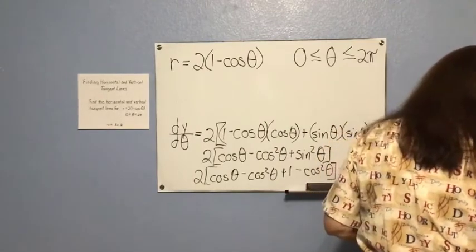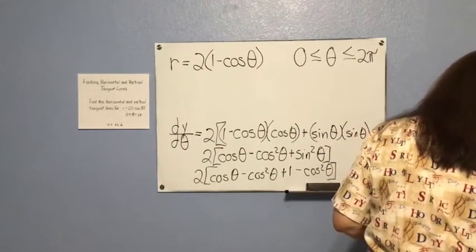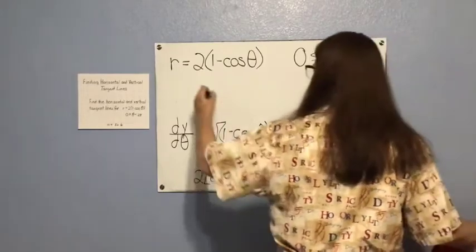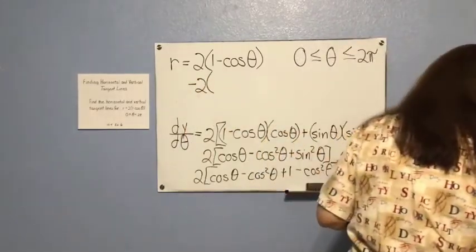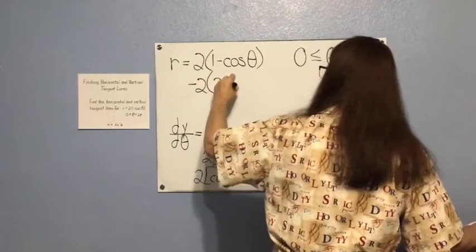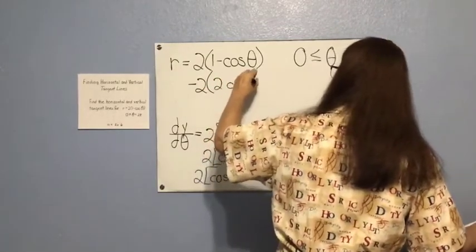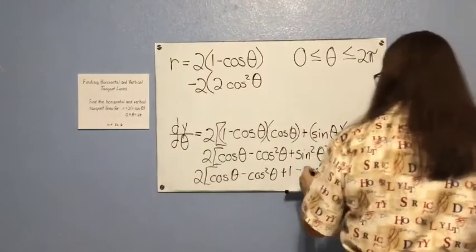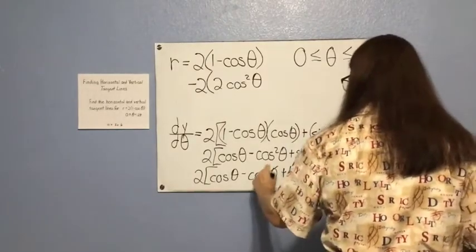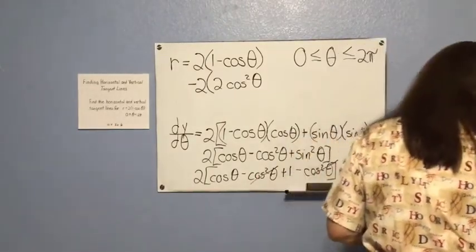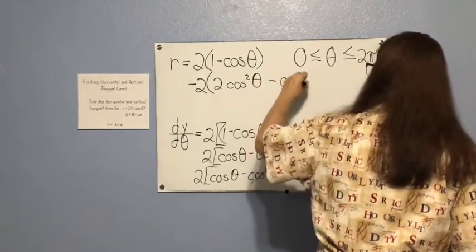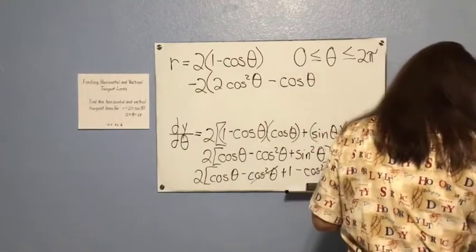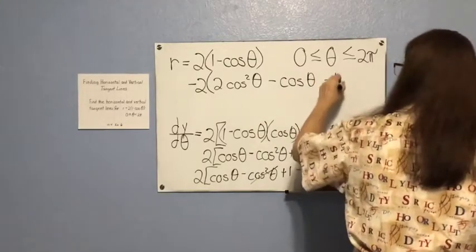Okay, and I'm going to factor out a negative. So I have negative 2 times 2 cosine squared theta minus cosine theta minus 1.